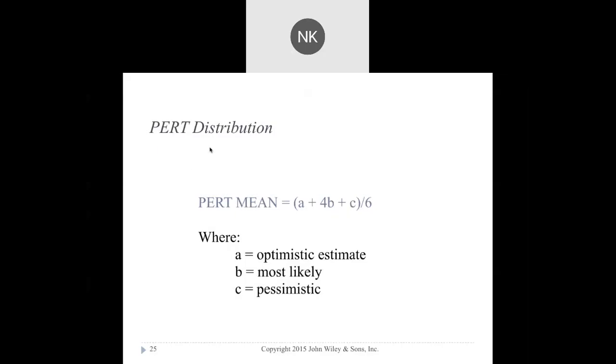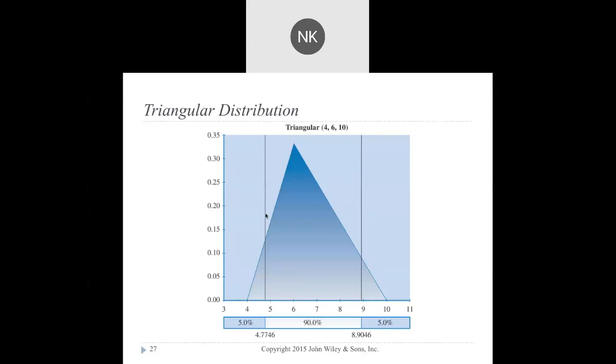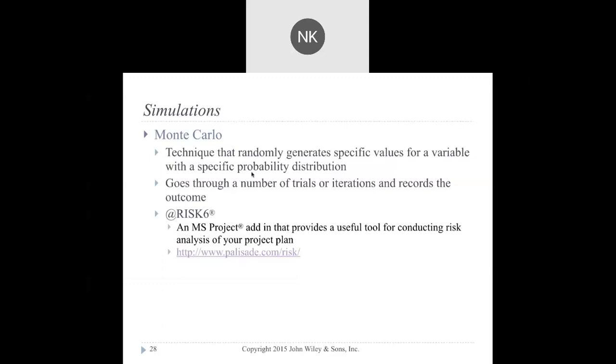Other than that, you can use PERT distribution. So this is the formula for calculating the PERT mean, where A, B, C stand for all this. And then PERT distribution, triangular distribution. And Monte Carlo.